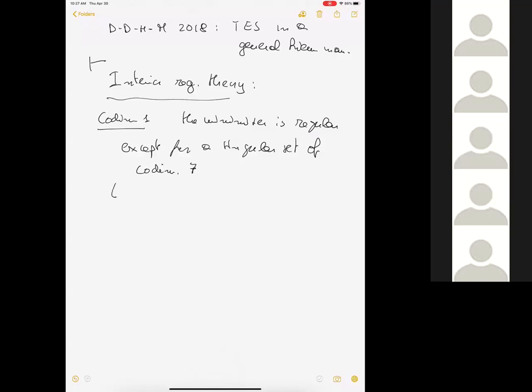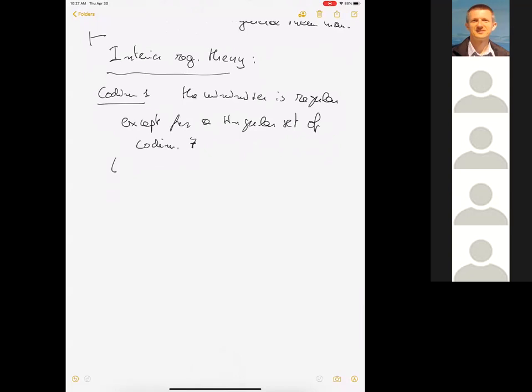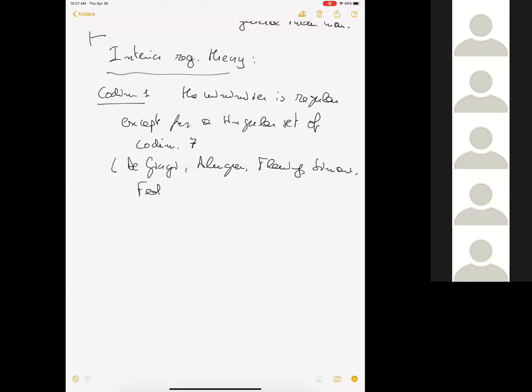This is the combined effort of several mathematicians. Let me just mention De Giorgi, Almgren himself, Fleming, Simons, and Federer. It's known since essentially the 60s and 70s.